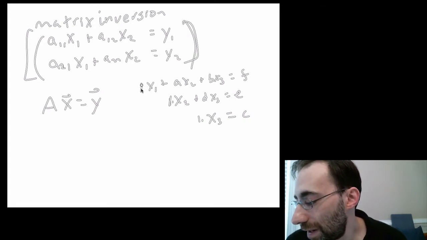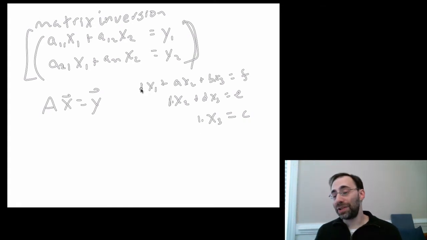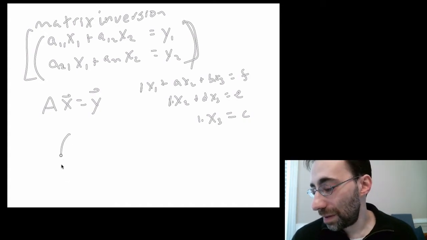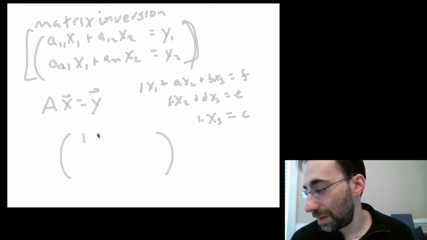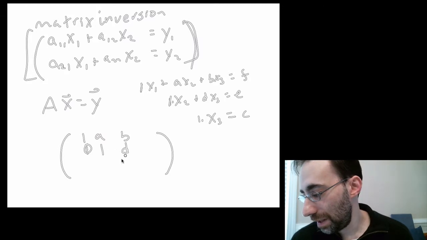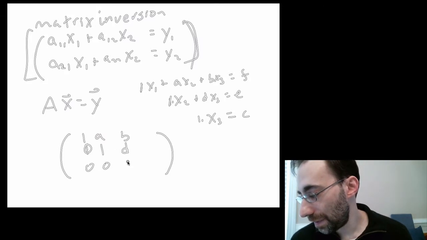We can convert this to a matrix, which would look kind of like this: 1, a, b; 0, 1, d; 0, 0, 1.